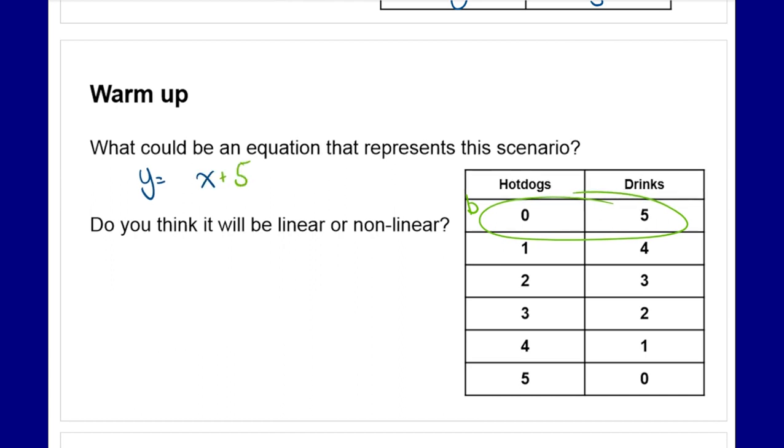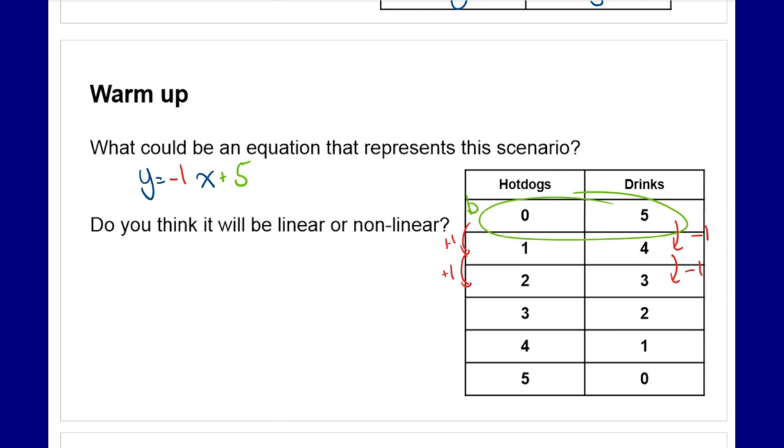And we can check to see what our multiplier is. We can see that as we go up by 1, we're going down by 1. So that means our multiplier has to be -1 over 1, or just -1.